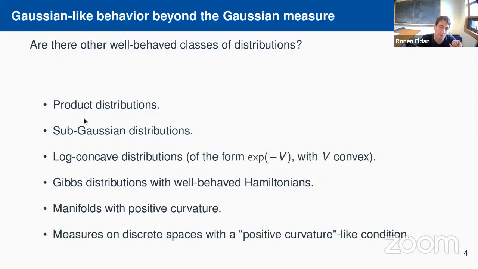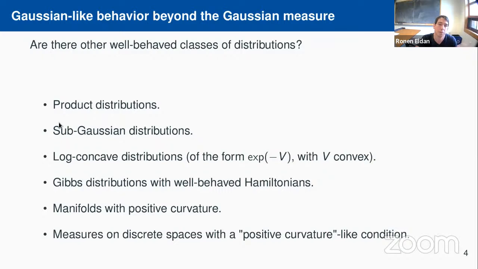Let's give an example. For product distributions, if you try to find the eigenfunctions of the Laplace-Beltrami operator, it's not hard to see that they will be separable with respect to coordinates, which will imply also that you have some dimension-free concentration.